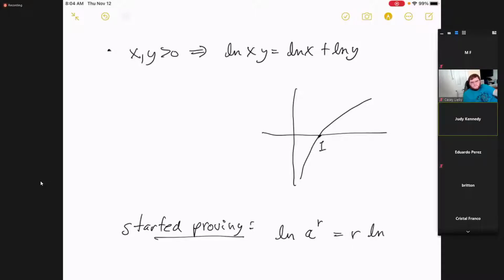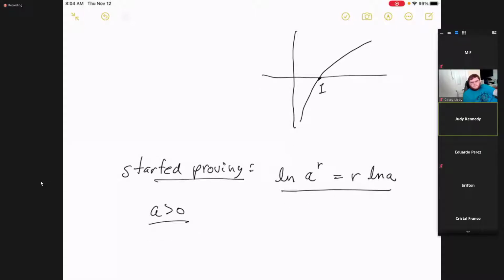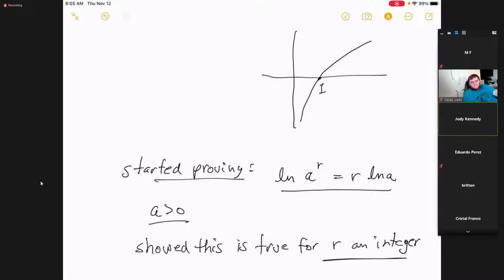is r ln of a, okay? And in fact, a has to be positive, of course. We showed that this is true for r an integer, but I believe that's where we ended up. So for any integer, this rule holds.